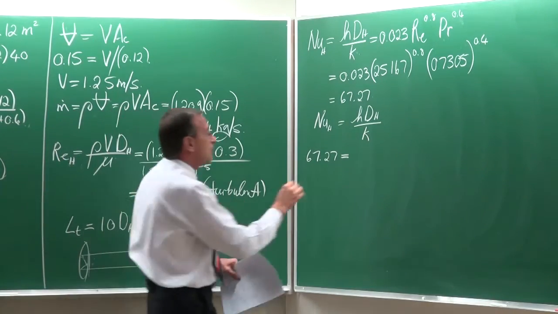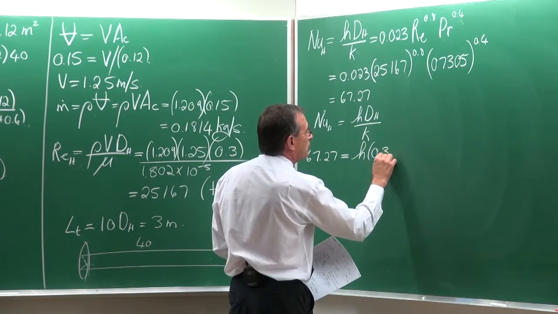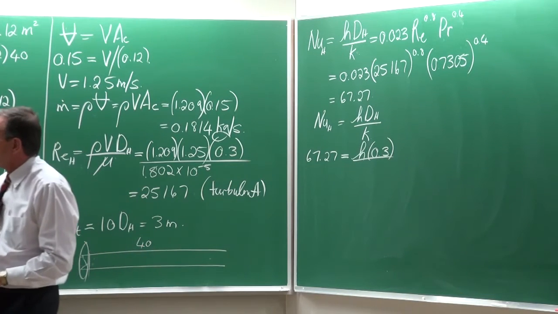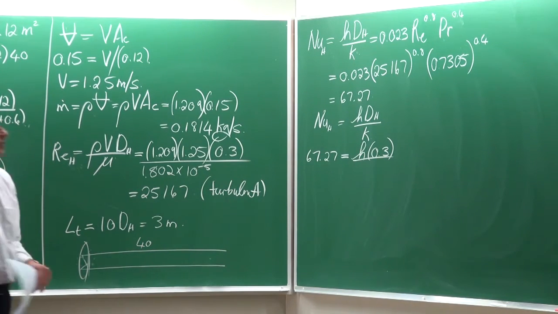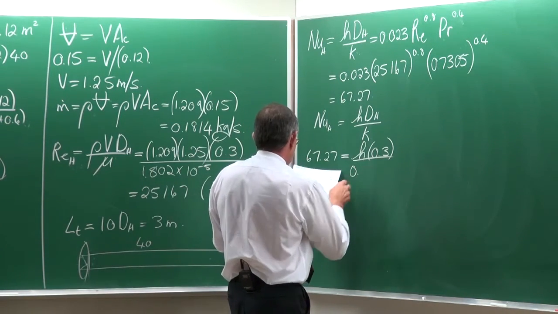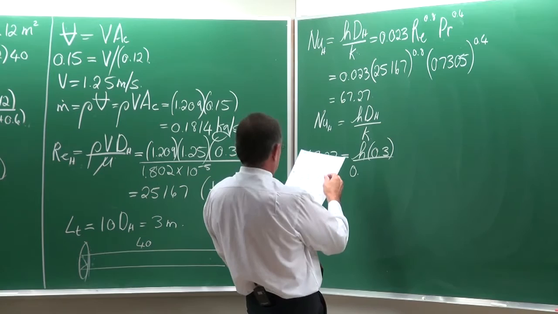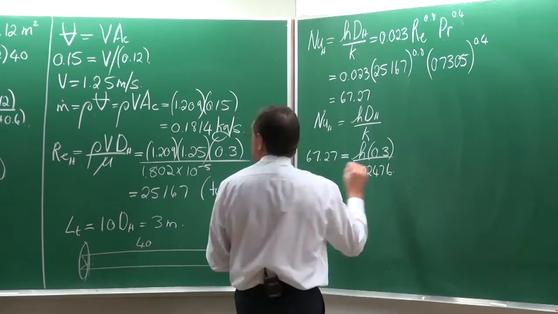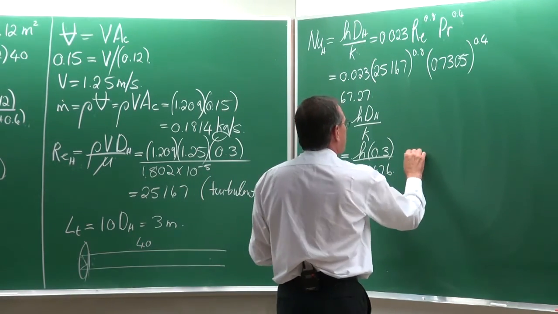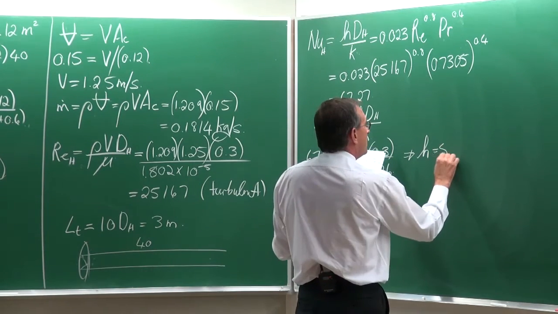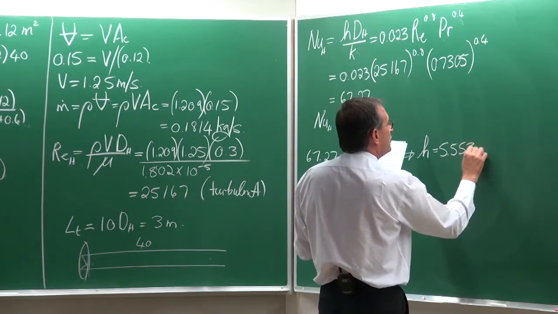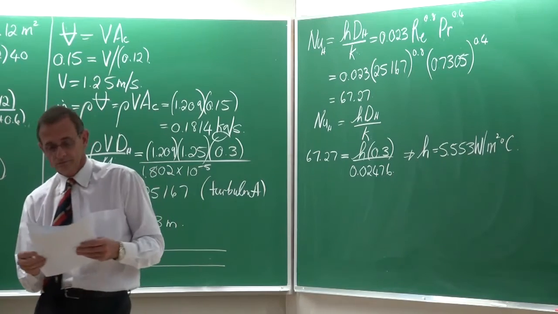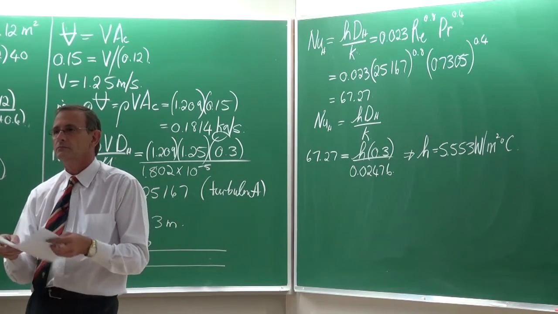It's equal to the heat transfer coefficient multiplied by the hydraulic diameter, which is 300 millimeters or 0.3 meters, divided by the thermal conductivity of the fluid, which we have in terms of the properties, and that is equal to 0.2476. And therefore, from this, we can calculate the heat transfer coefficient as 5.553 watts per square meter degree Celsius. Are you with me?